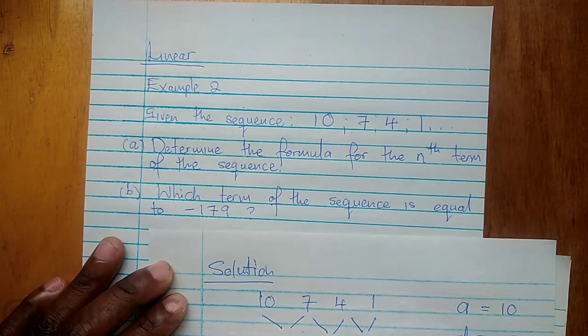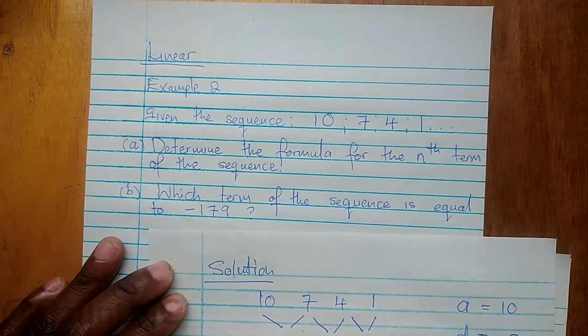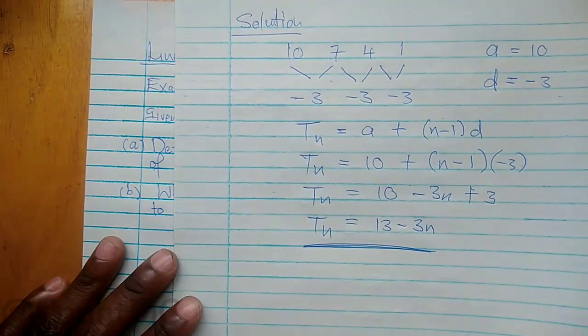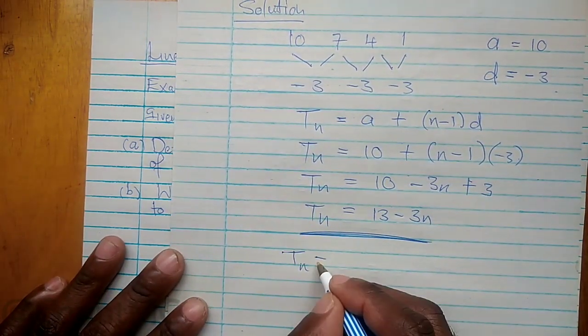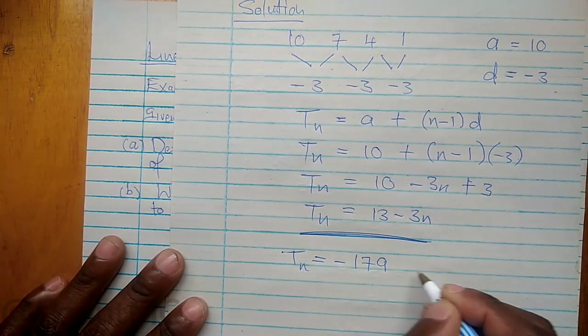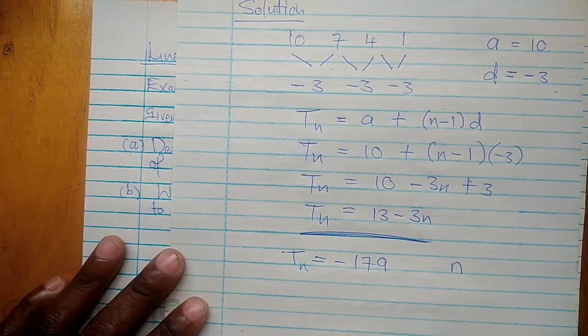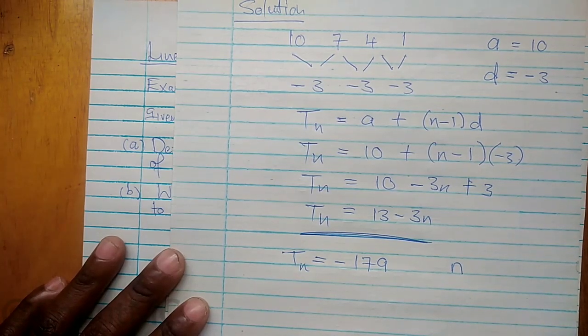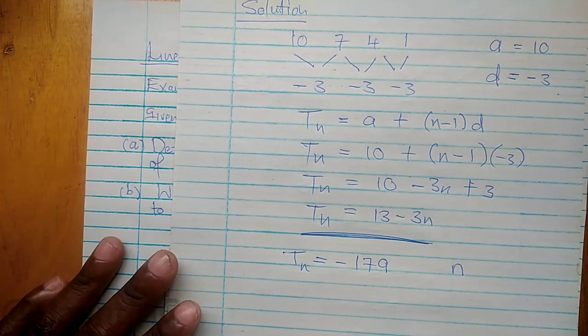Part B, which term of the sequence is equal to minus 179? So we are given a number, Tn equals minus 179. We want to find the n. Which term is that? Is it the first, the second, the third term, or the fourth term?